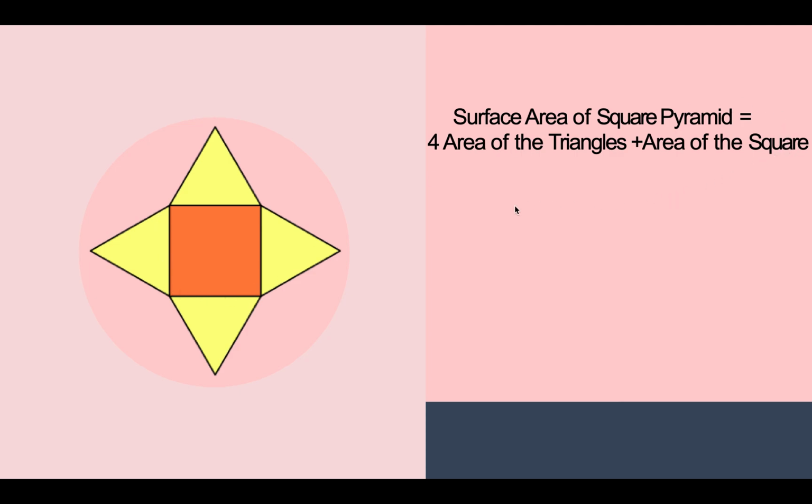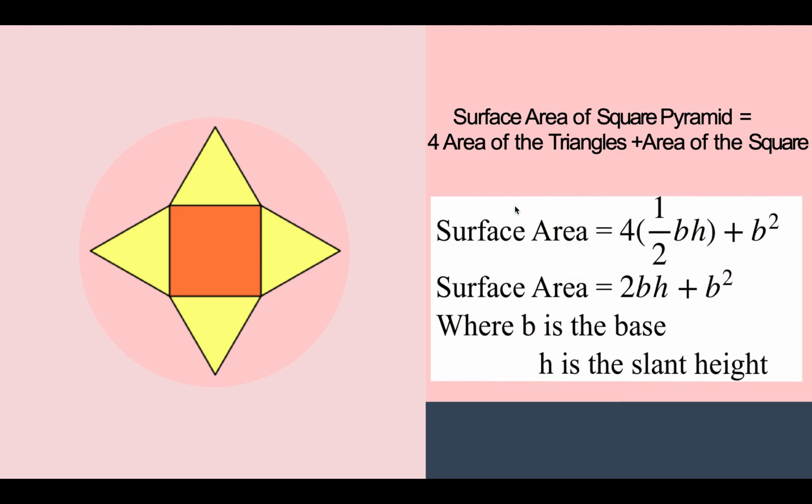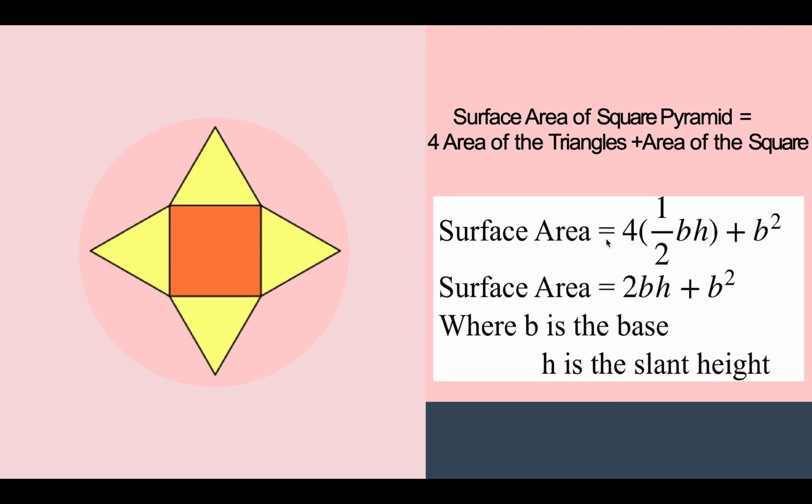So let us again recall the area of a triangle and a square. The surface area is equal to 4 times the area of the triangle, which is 1/2 base times the height, plus the area of the square, which is b squared. We use b as the side of the square because that is the base.